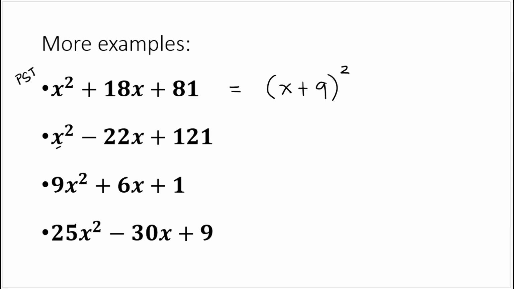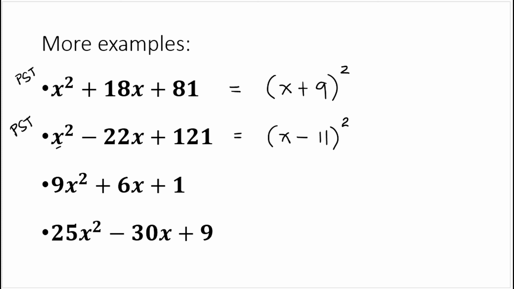So therefore, the second one is a perfect square trinomial. Now, the factors will be x, check for the middle sign, minus, square root of 121, 11. Dalawang x minus 11 siya, so that is the square of the binomial x minus 11.